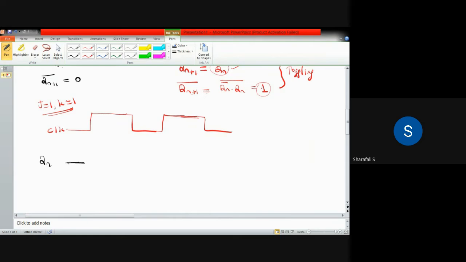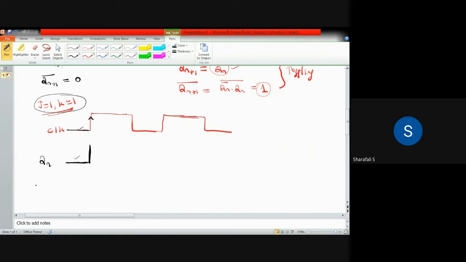Initially my Qn is 0 and my clock is also at 0. So the flip flop will not be active at this 0. It will not change its output when your clock is 0. But when the clock is going to become high, which means clock is equal to 1, in that case the flip flop is active, and with J equal to 1, K equal to 1, the output will go high because my previous state was 0.